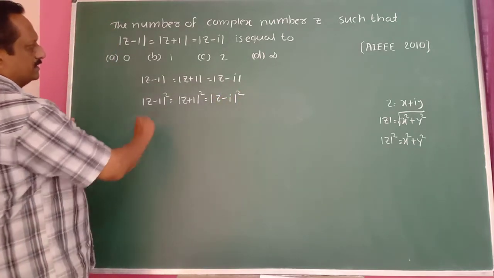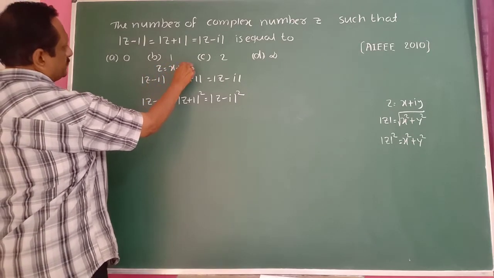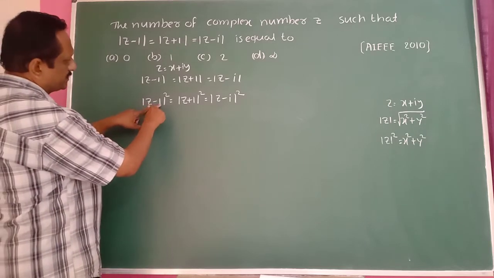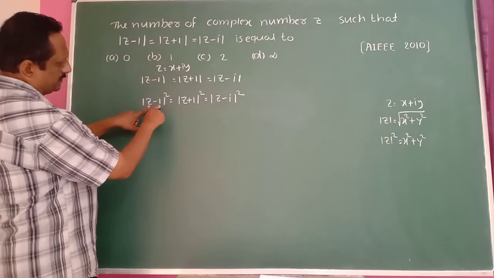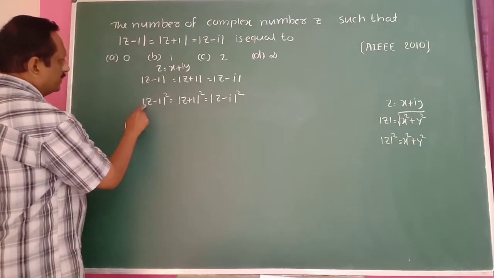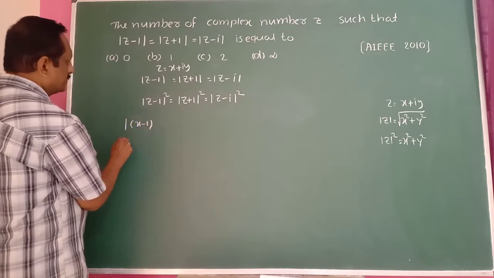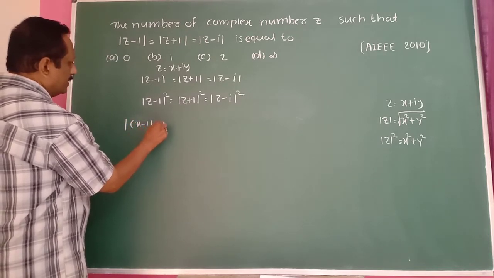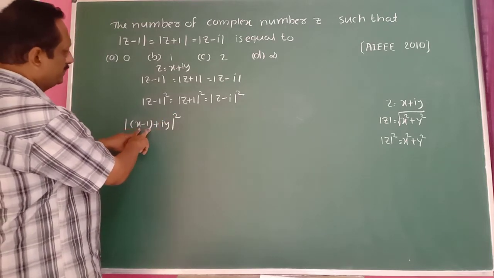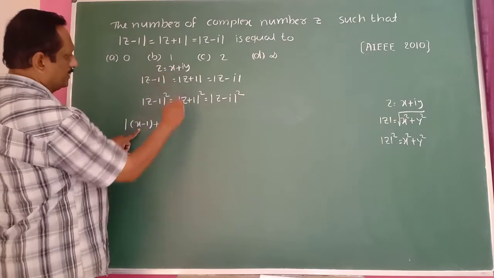If we consider z as x plus i y, then z minus 1 is x minus 1 plus i y, modulus square.